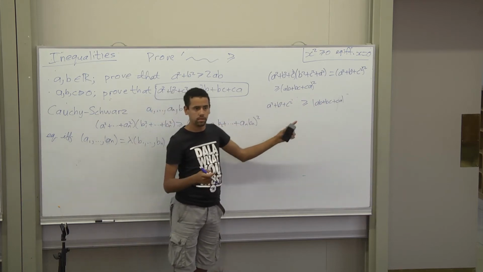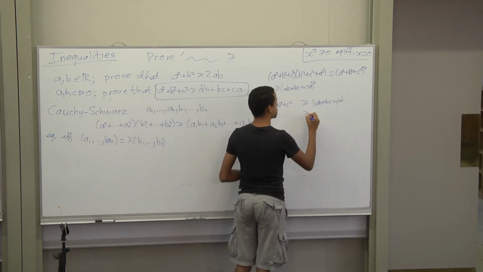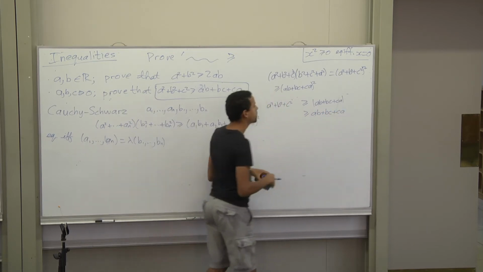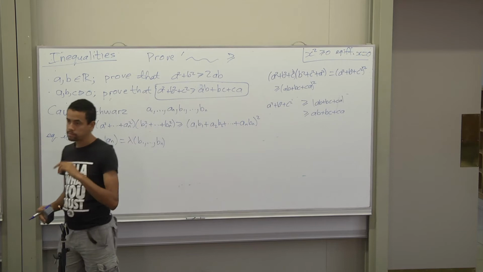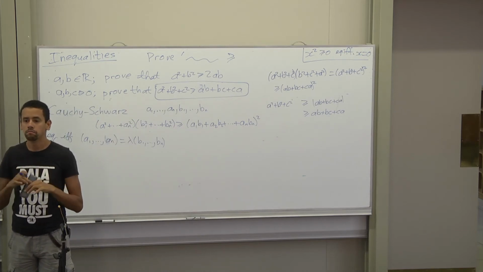But the absolute value is always greater than or equal to the thing inside it. Okay, that is Cauchy-Schwarz inequality.